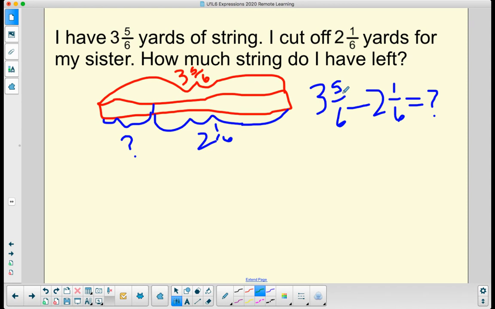I like to subtract my fraction parts first. Just like when I do other subtraction, I usually start with my least place value. 1/6 taking away from 5/6. 5/6 subtract 1/6 leaves me with 4/6.